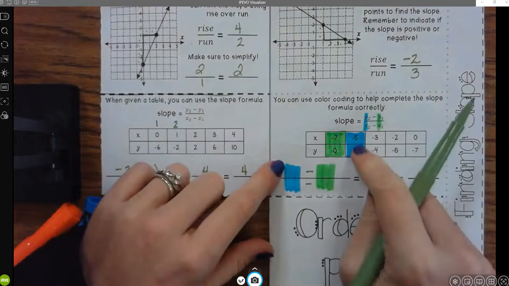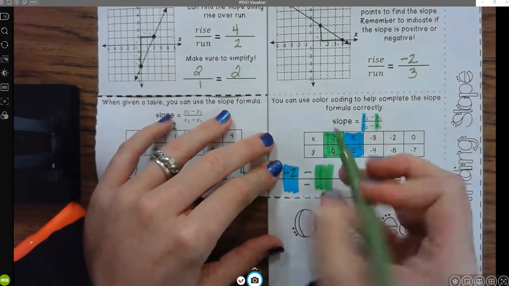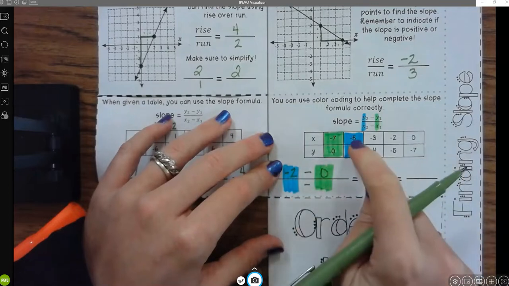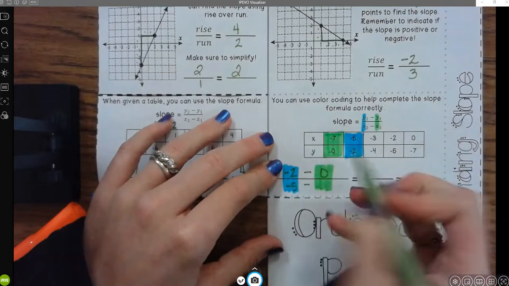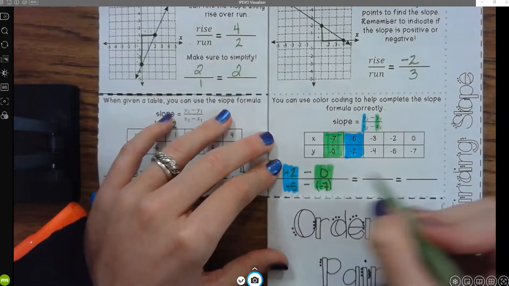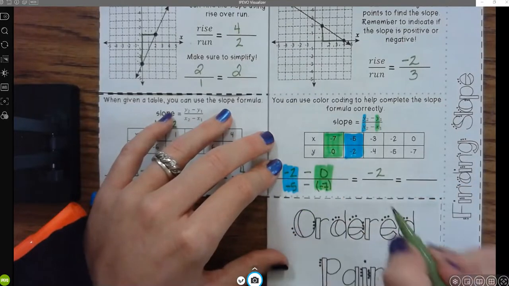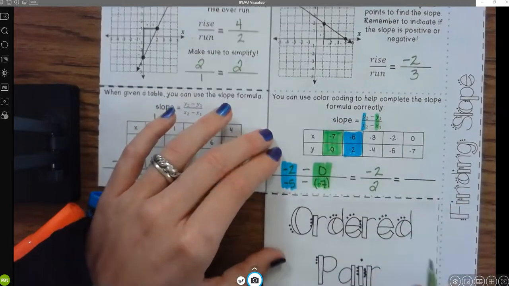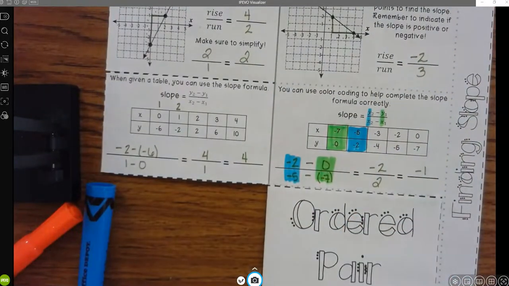So y2 would be a negative 2. y1 would be a 0, x2 would be a negative 5, and x1 would be a negative 7. So negative 2 minus 0 is negative 2. Negative 5 minus a negative 7 is a positive 2, and if we simplify that, we get a negative 1.